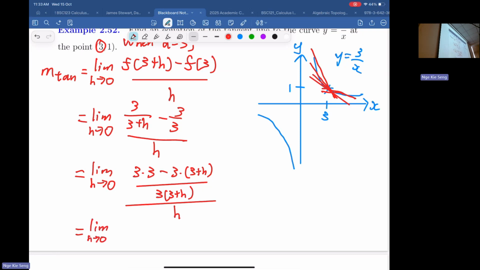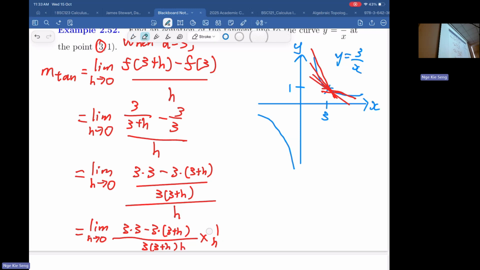So you divide, right? How should we deal with a divided by b divided by c? It is actually equivalent to multiplying by 1 over h, so you can put the 1 over h into it. Can we simplify further? You can see that all of them have a factor of 3, so they can cancel.